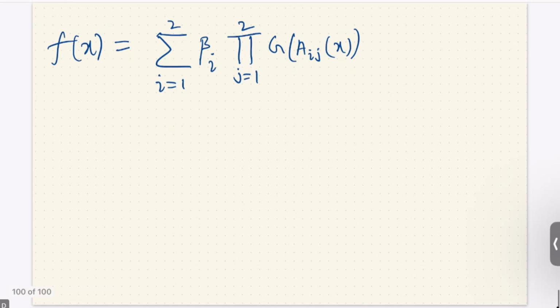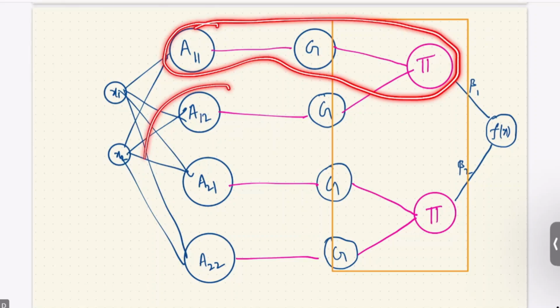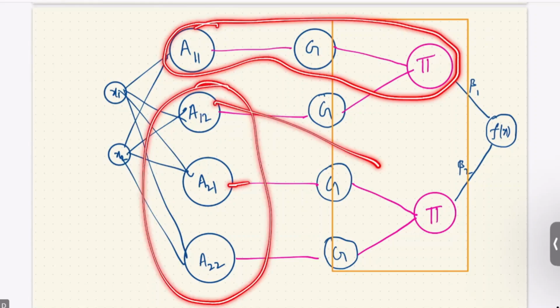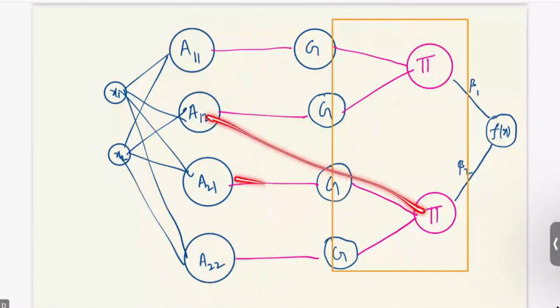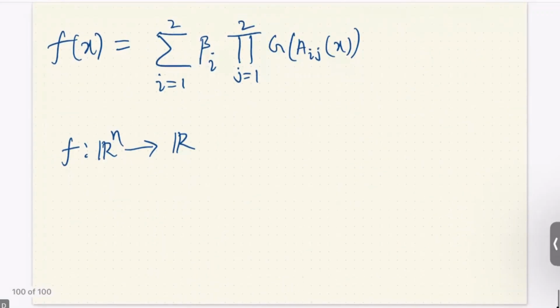So in general, if we write this, f is a function from R^n to R. With multiple groups, I don't want to keep it only for two and two. I may have the first three in one group and the last two in another group, so the groups can be expressed in multiple ways.